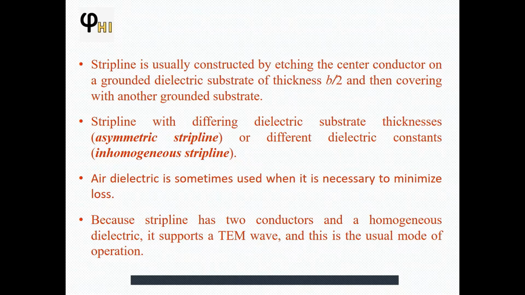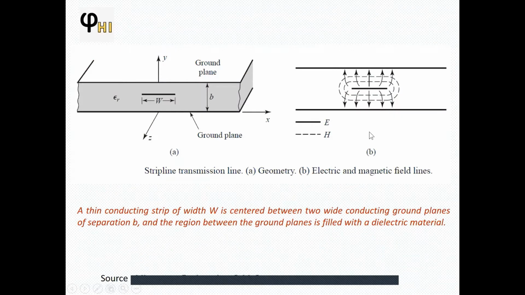As we have seen the structure of the strip line, we have two conductors, the center conductor and the outer conductor, and this geometry is the same as the geometry of the coaxial cable, which has the inner conductor and outer conductor and in between them a homogeneous dielectric material.